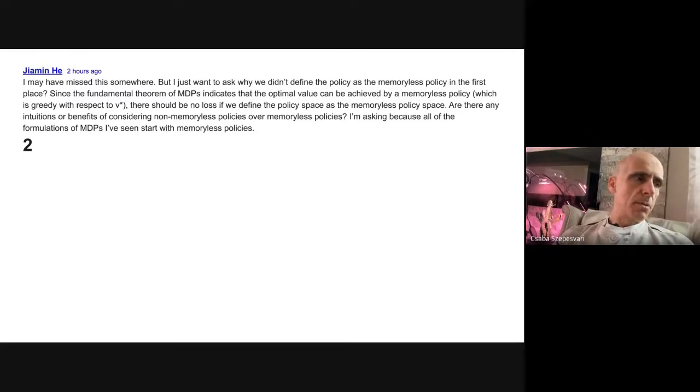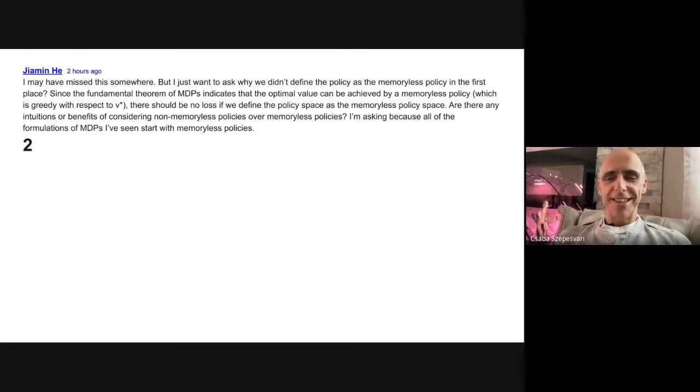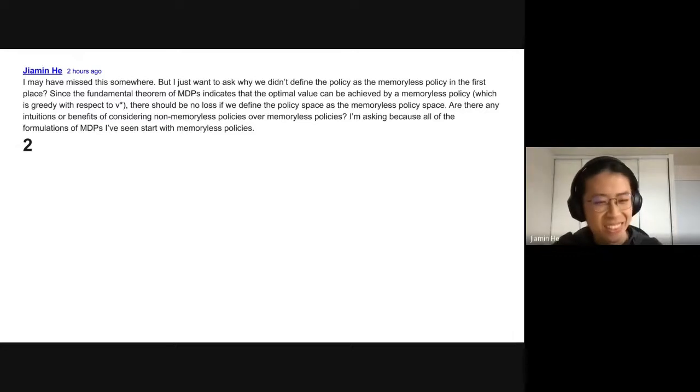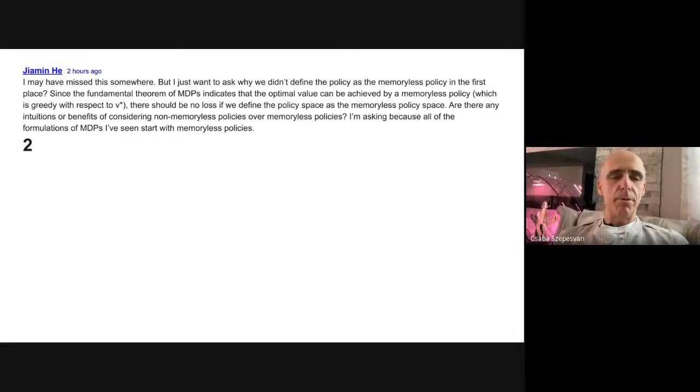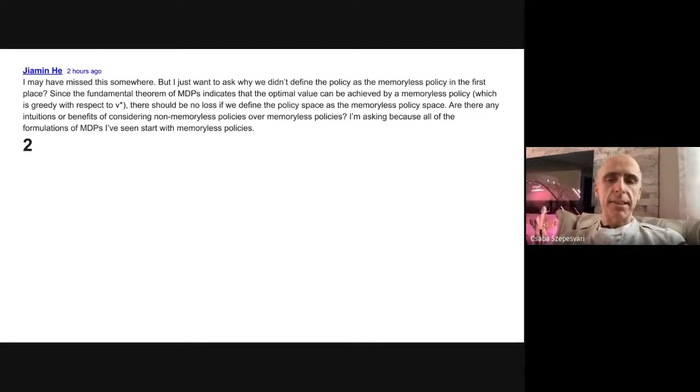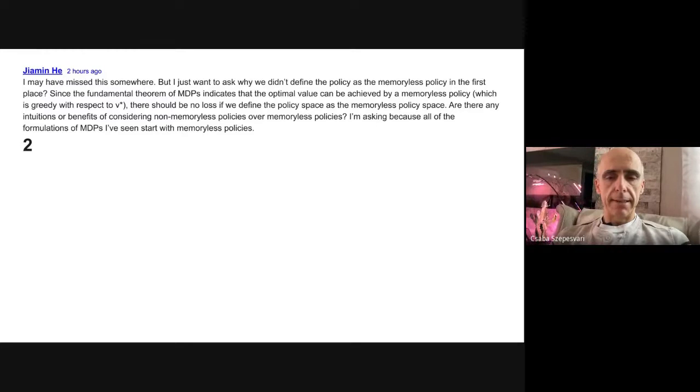So if you didn't define policies as possibly dependent on the history, you wouldn't be able to answer the question whether it's important to remember the history or not. You can only investigate this question if you define these things. And I think it's an important point that the Markov structure allows you to forget everything about the past if you know the state.